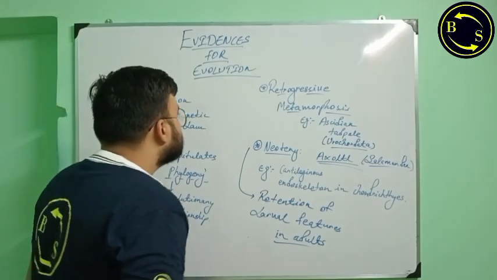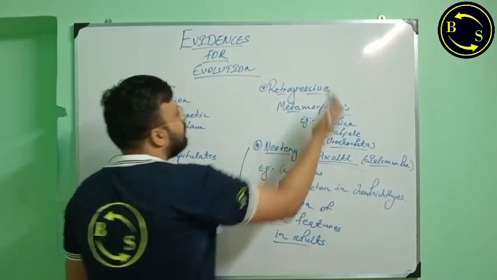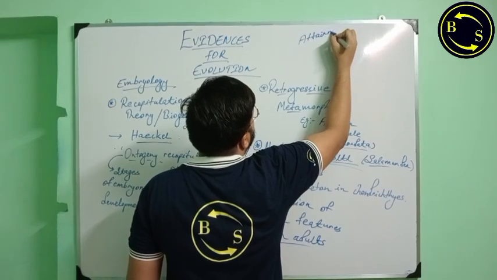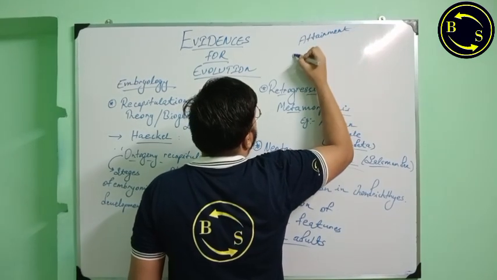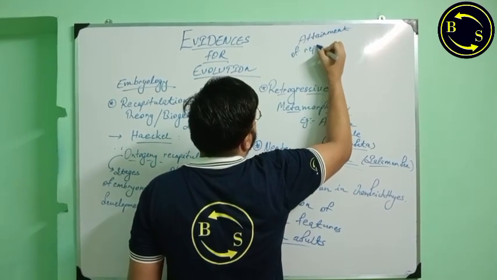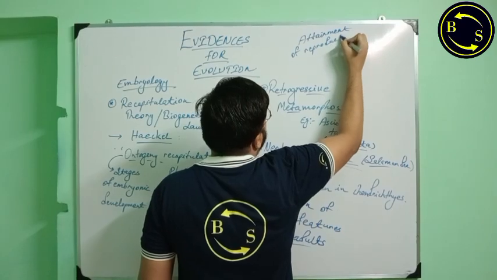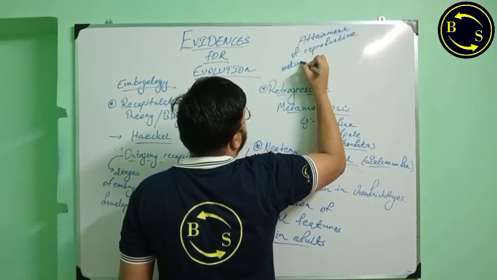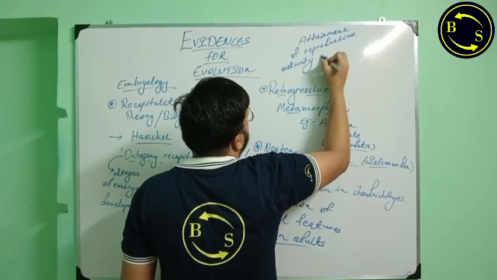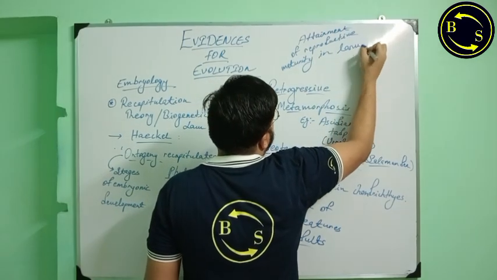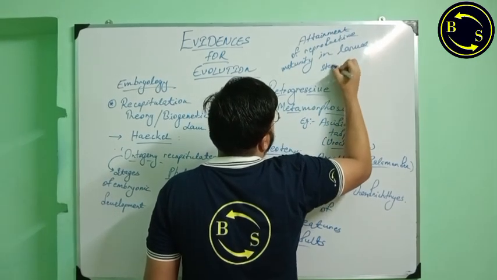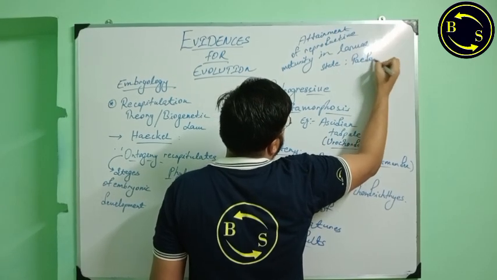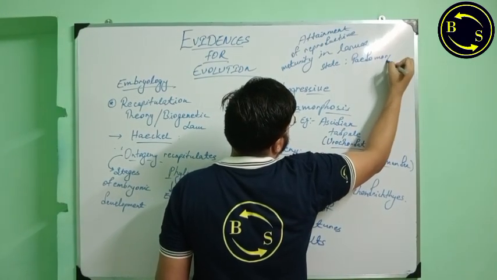Okay, so attainment of reproductive maturity in larval state is known as pedomorphosis.